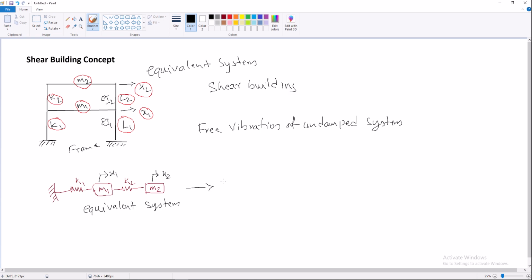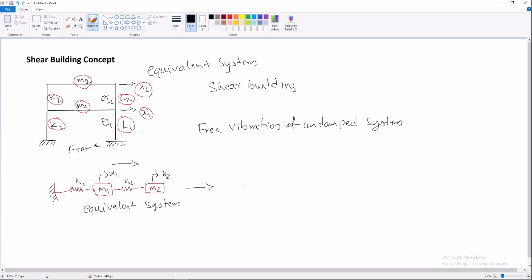With reference to the equivalent system, the assumption is that the two masses move only in a horizontal direction, and x1 and x2 are the displacements of mass 2 and mass 1.